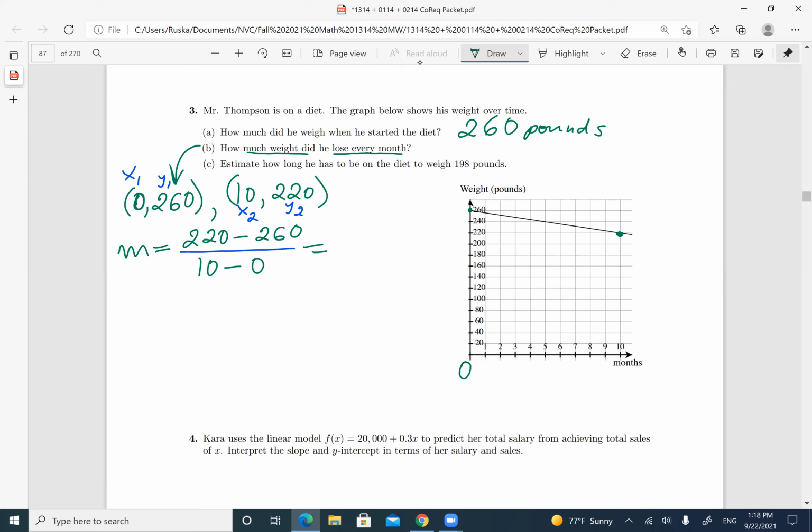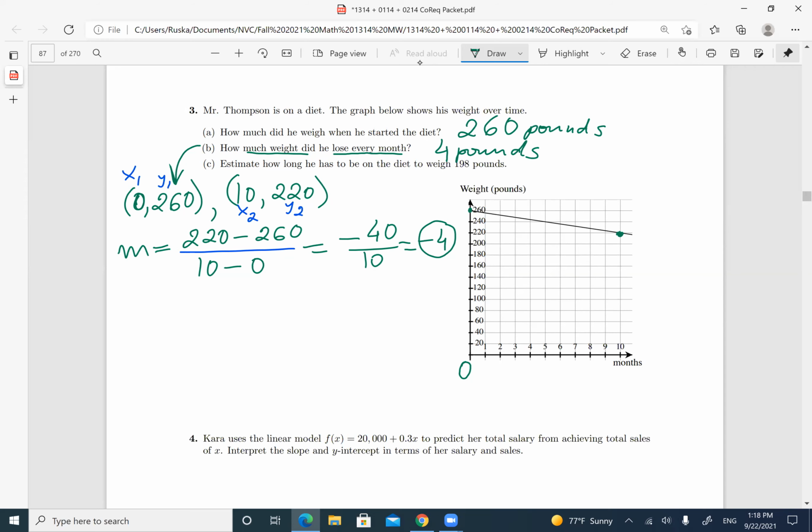When I simplify that, I'm going to get a negative number because the slope is negative, because it's decreasing. The weight is going down. So when I subtract, I get negative 40 over 10. And when I divide those, I get negative 4. So the slope is negative 4. And they're asking how much weight he lost every month. He lost 4 pounds every month, right? Everybody understanding that? Yes, ma'am.